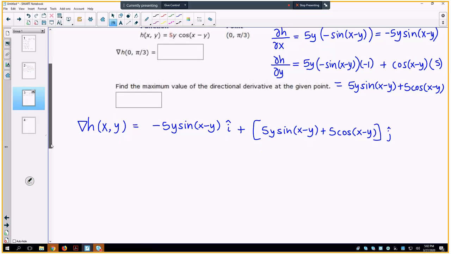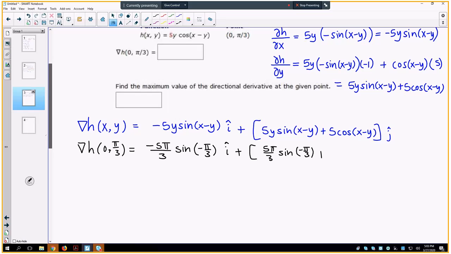So the gradient at 0 and pi over 3 is minus 5 pi over 3 times the sine of 0 minus pi over 3, i cap, plus 5 pi over 3 times the sine of 0 minus pi over 3, plus 5 times the cosine of 0 minus pi over 3, j cap.